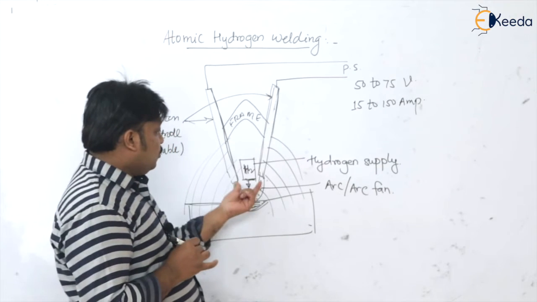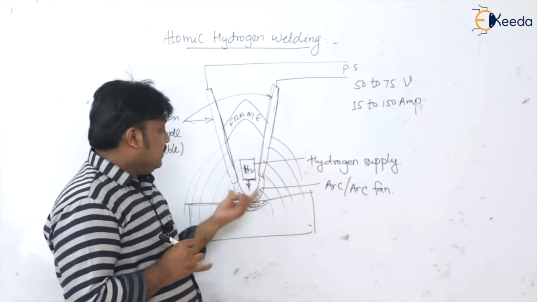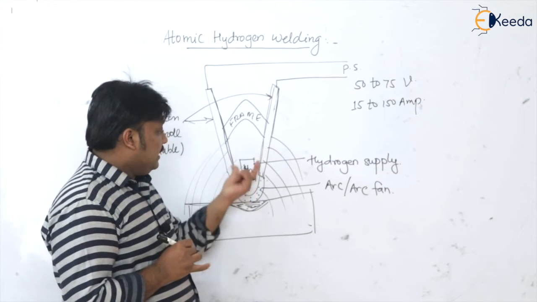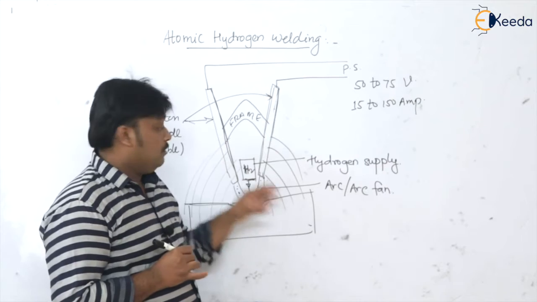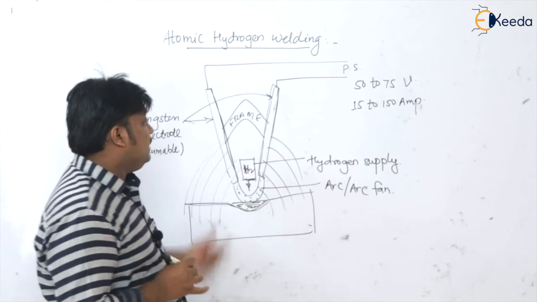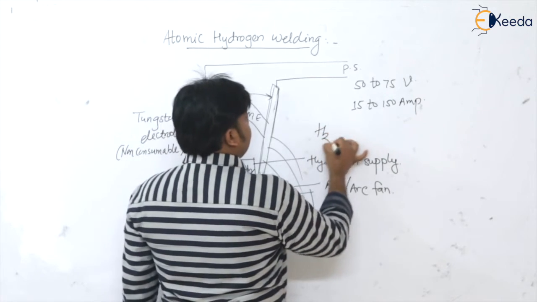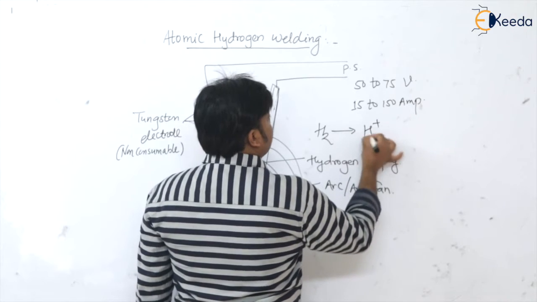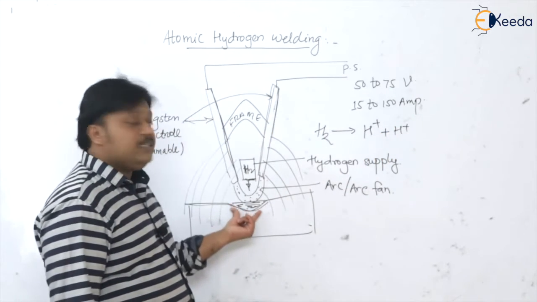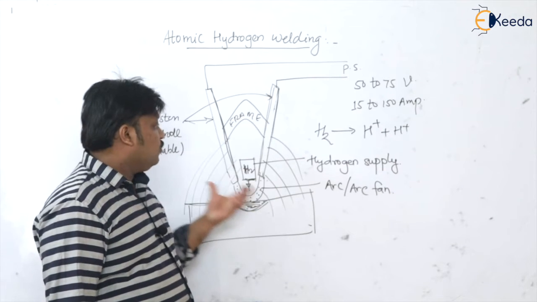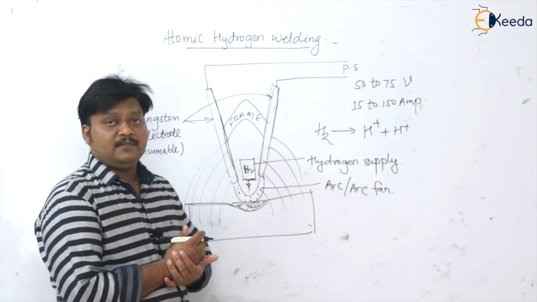Because of the heat or energy at the tip of the electrode, the molecular hydrogen is disintegrated into two H atoms, atomic hydrogen. This is actually an endothermic reaction.